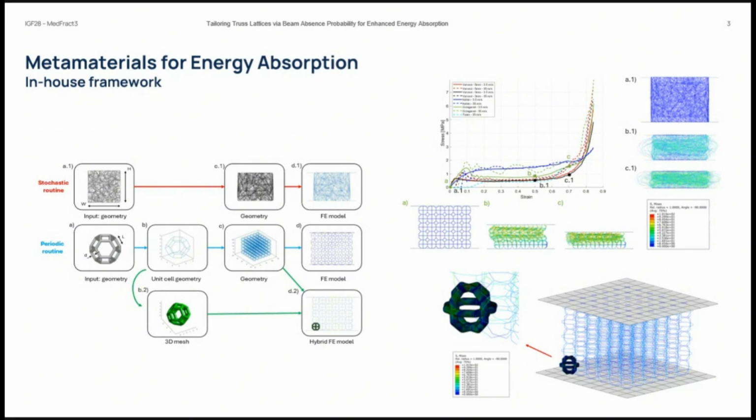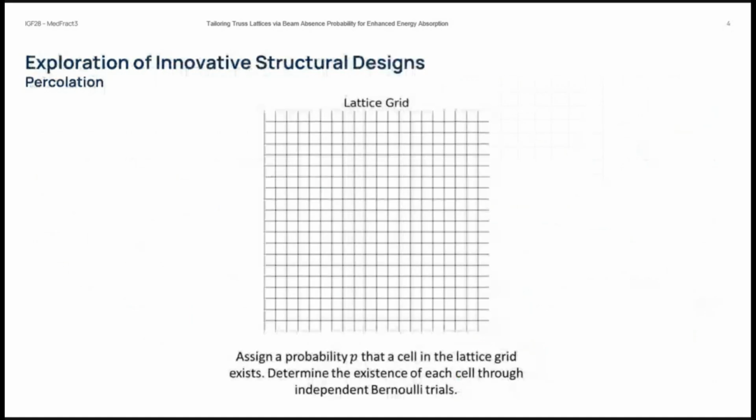So I wanted to use this framework to study percolation, or to study something inspired by percolation, in these metamaterials. So we can take a step back and see what percolation is. To understand what this is, we can start with a grid. This is not a metamaterial now. It's just a grid where we have white cells, where there is no material. Where you see black cells, there is material inside the cell.